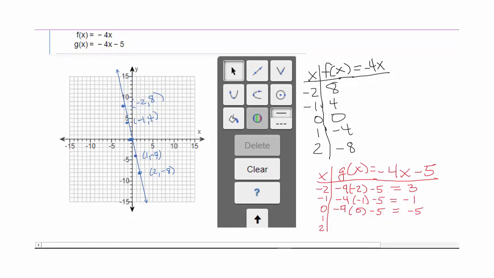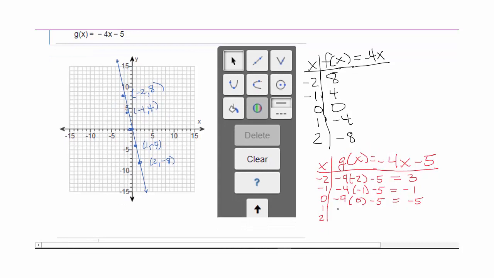For 1, we get negative 4 times 1 minus 5, which is negative 4 minus 5 is negative 9. And for 2, we're going to have negative 4 times 2 minus 5 is negative 8 minus 5, which is negative 13.